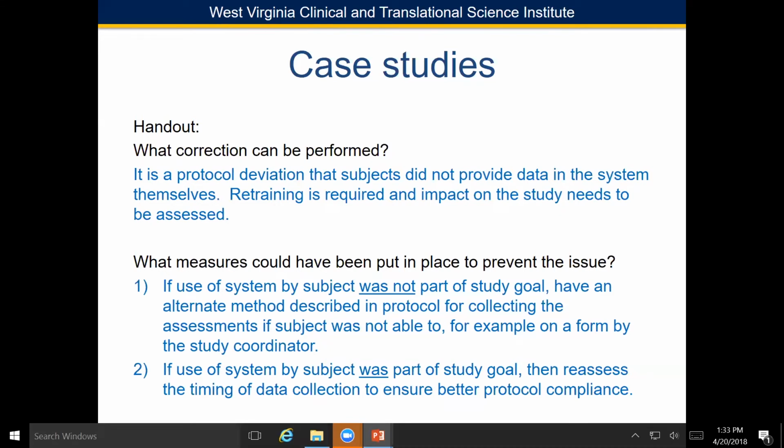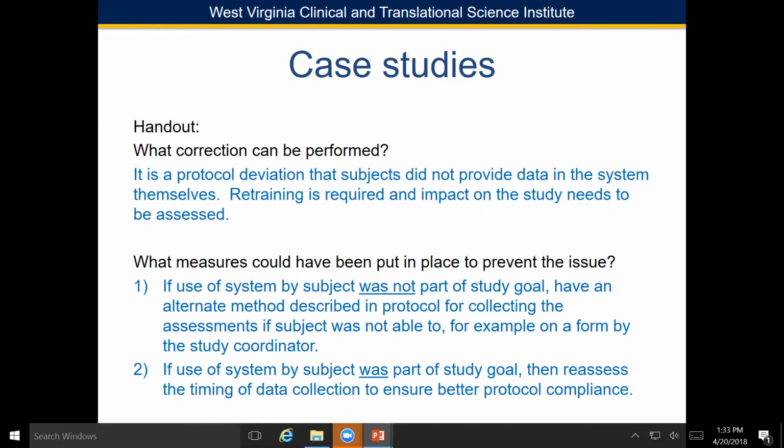If it was not part of the study goal, then you can have an alternate method described in the protocol for collecting the assessments if the subject was not able to. For example, you could have it on a form by the study coordinator, or have an alternate method put in place if it had to be recorded at that time.